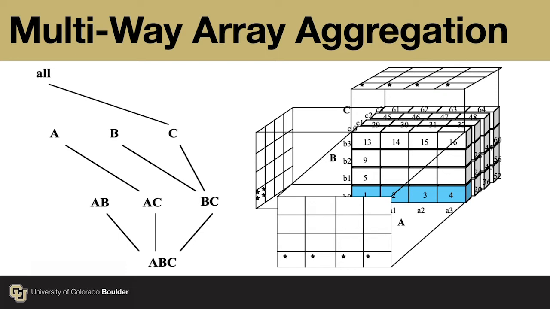In terms of aggregating the 3D objects into 3 2D objects, we can go from this cell and aggregate for this layer, and this layer, and this layer as well. For this projection here, we are aggregating the bottom layer to this one, so we are basically discarding the B dimension.